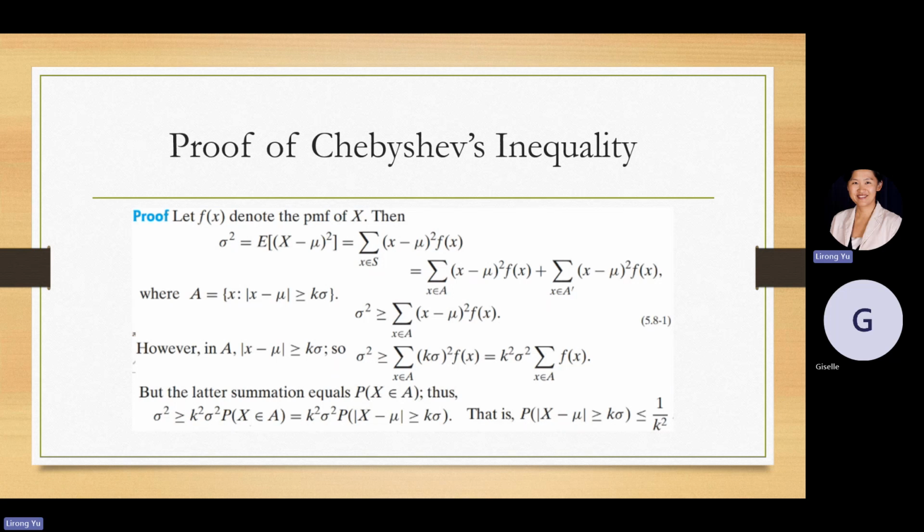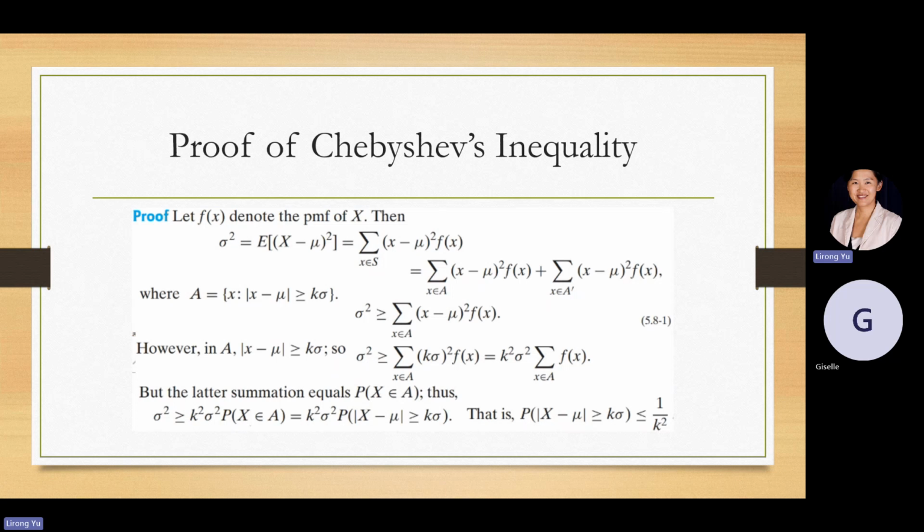So we switch the x minus mu in the third row for the k times standard deviation in the fourth row. All right, after we've done that, we have this inequality. Interestingly, we have variance on both the left and right side. We divide out the variance, then we will have 1 is bigger than k squared times this, right? And then we divide the k squared from both sides of the inequality, and that will be the last inequality.